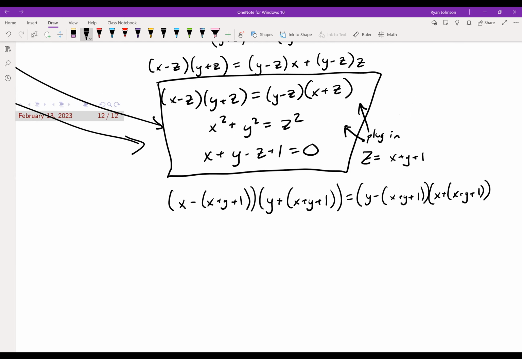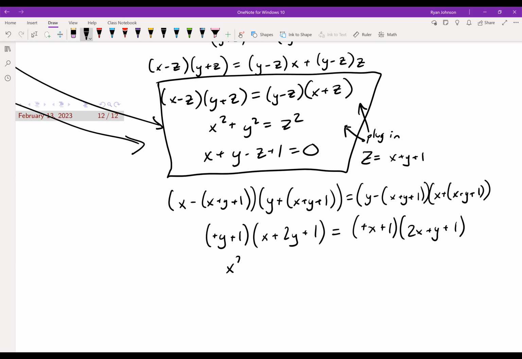Well, simplifying that, I get negative (y minus 1) times (x plus 2y plus 1) equals, those cancel, negative (x minus 1) times (2x plus y plus 1). And then if I were to just multiply both sides by negative 1, I could get y plus 1 and x plus 1 there.